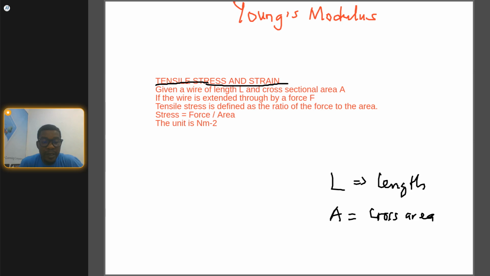If the wire is extended by a force F, the tensile stress is defined as the ratio of the force to the area. Now, let me explain that again.